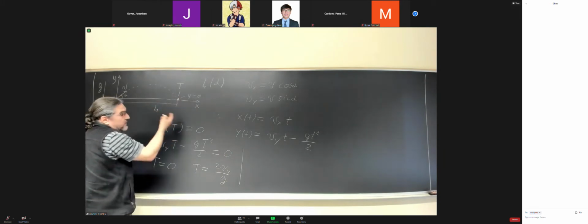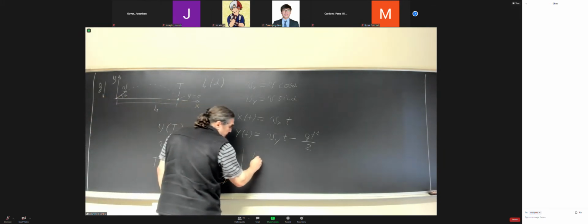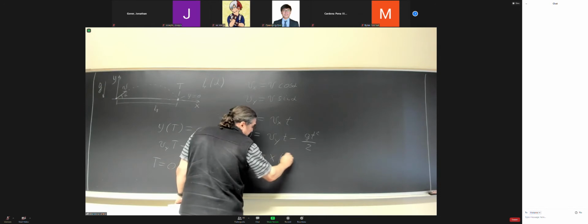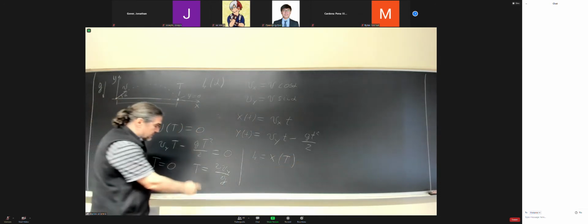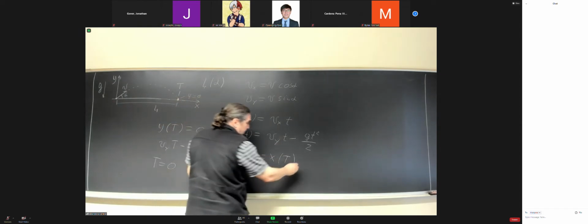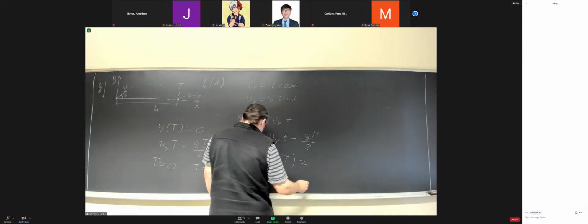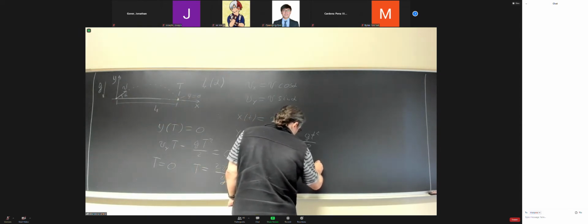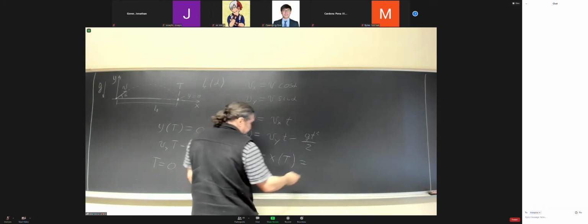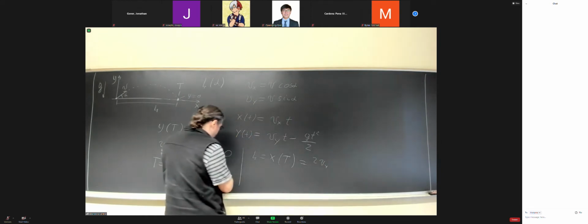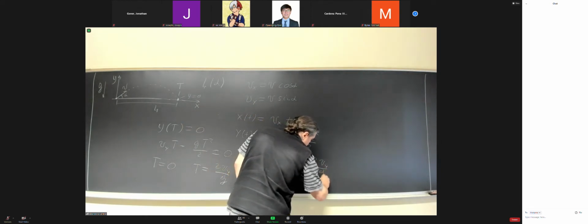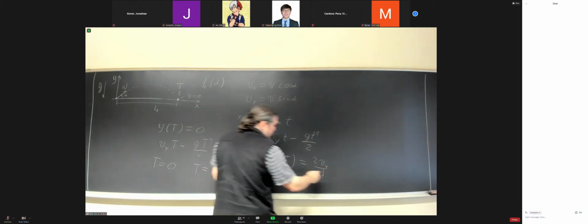And now in order to find L, what I need to do is that L equals x at time capital T. So all I need to do is take the T and substitute it here, which will be 2vy divided by g and multiplied by vx.